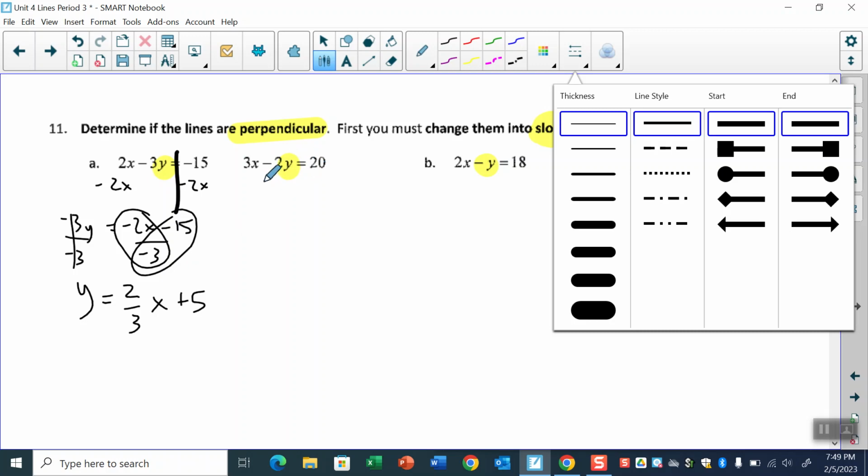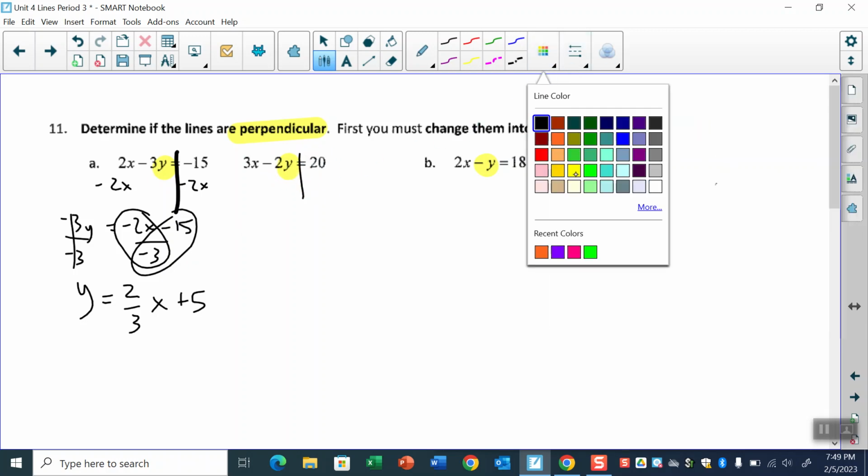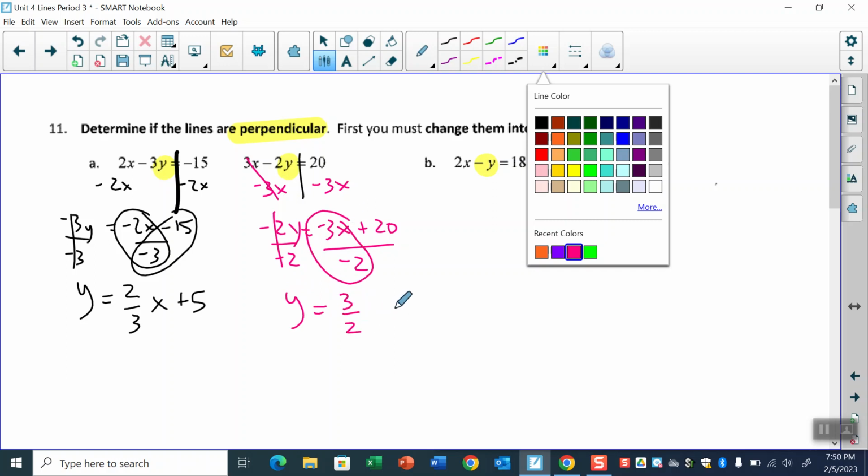So this one, let's change color. Bring down my negative 2y, negative 3x plus 20, divide by negative 2. Negative, negative, positive, so positive 3/2.